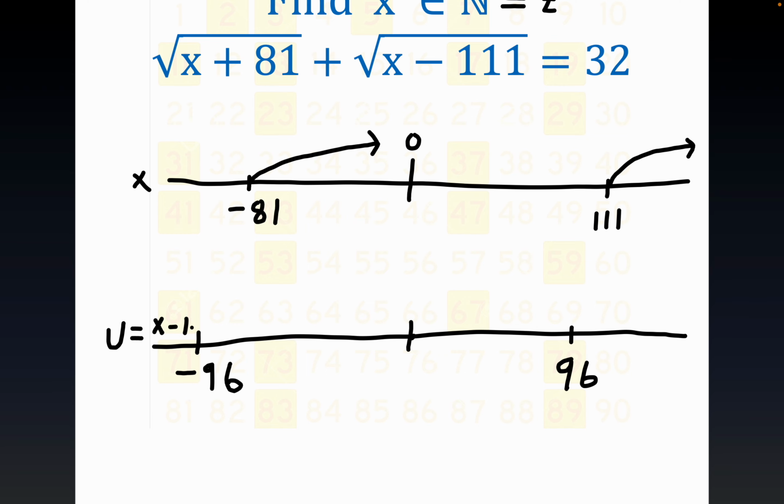That's all it is, subtracting 15 from this x coordinate and from this x point also. So we can call this the u equals x minus 15 axis if you want.